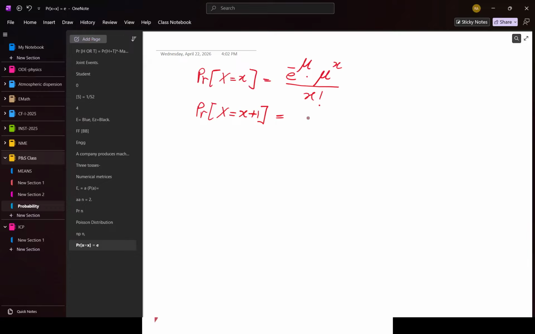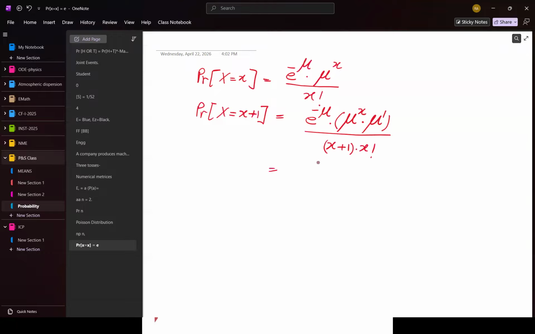for x plus 1, it is going to share a part from the previous expression. So I can write it as mu raised to the power x plus 1 over x plus 1 factorial, which is x plus 1 times x factorial.